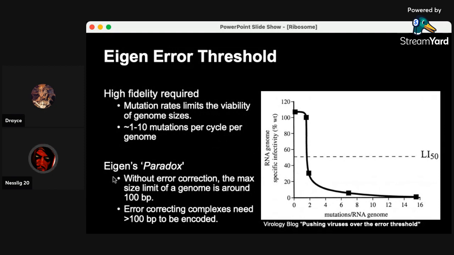And the Eigen paradox, again, quote unquote paradox, says that without error correction, the max size of a genome is around 100 base pairs. However, error correcting complexes, like error correcting proteins, like polymerases that hold error correction properties, require sequences larger than 100 base pairs to be encoded. Of course, this paradox is already broken by Eric Smith's proposal of the difference between folding and encoding sequences. But there's more to be said about this paradox.